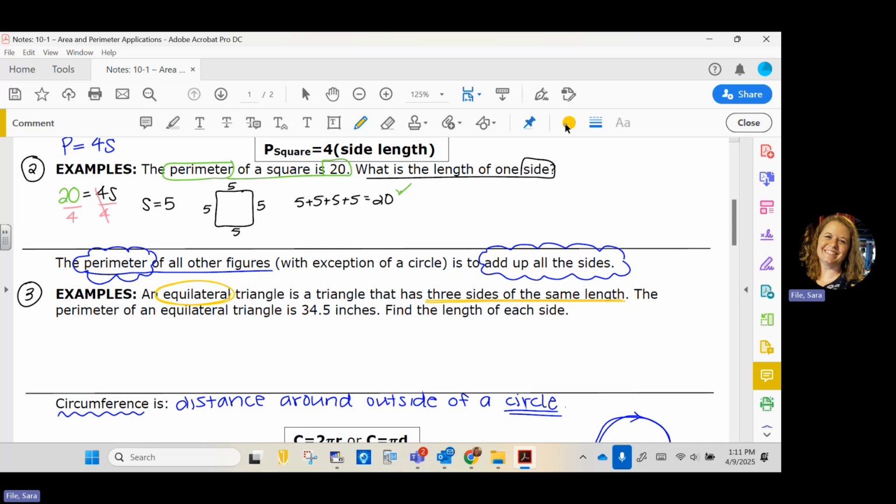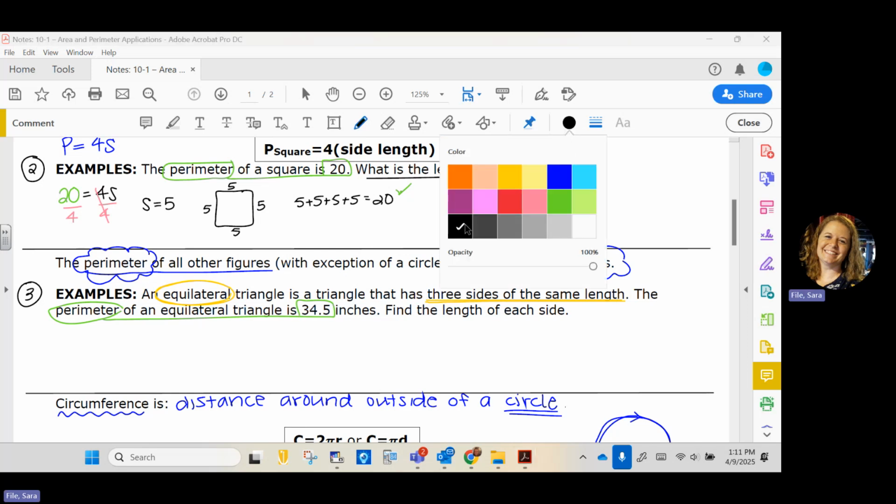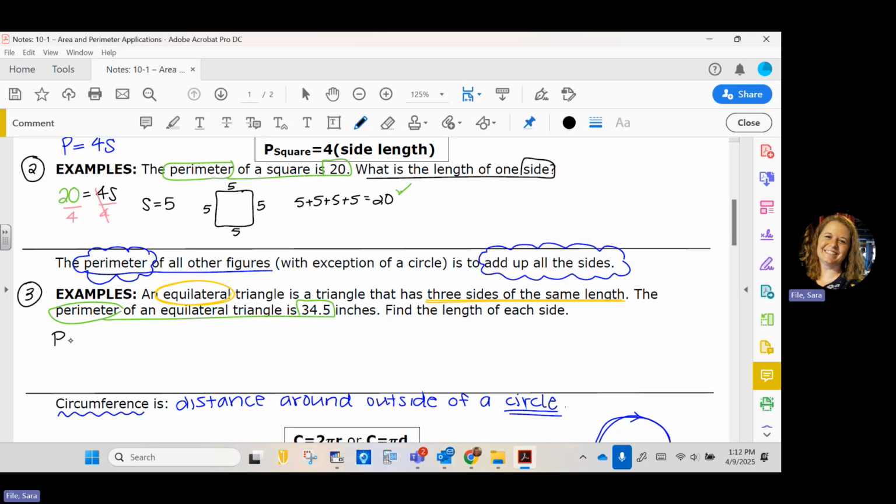Now it tells us the perimeter of this triangle is 34.5. Remember, perimeter is all 3 sides added up. But if all 3 sides are the same, side, side, side, that's just 3s, isn't it? For an equilateral triangle, the perimeter is going to be 3 times the side length because all 3 are the same.